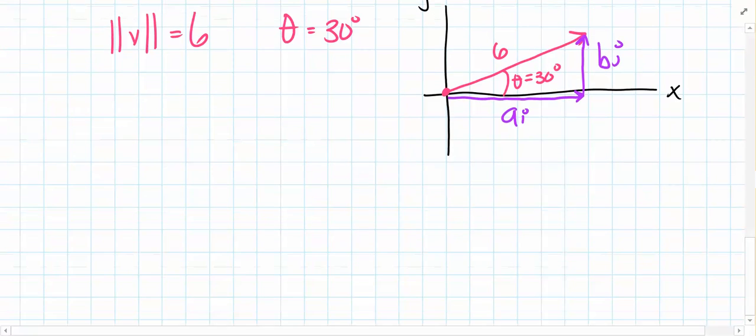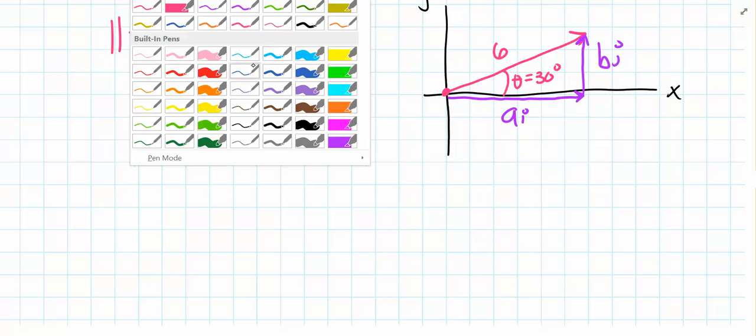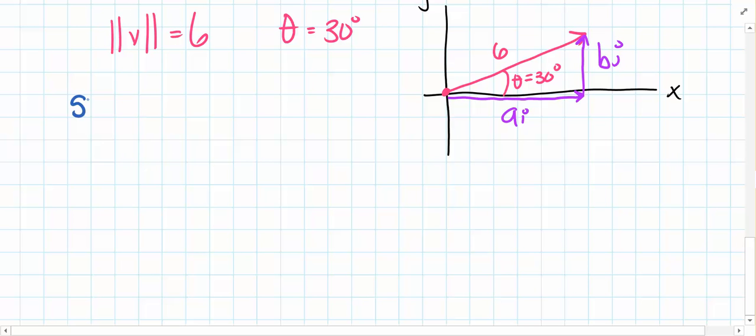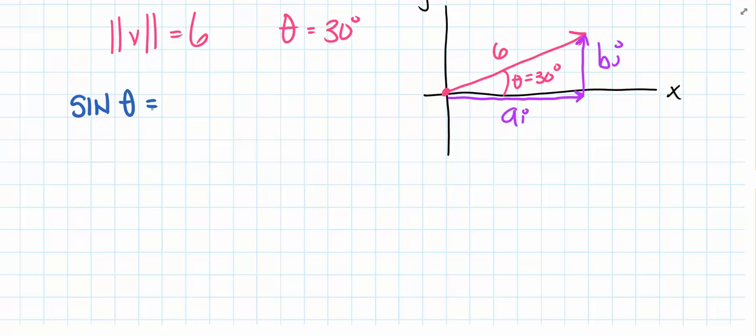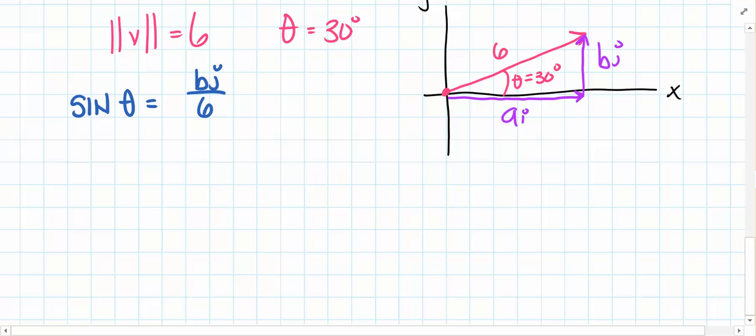Now, we know something about trigonometry. We definitely know how to relate what we have on the page. So I'm going to ask you to do 2 things then. I'm going to ask you to tell me what is the sine of theta in terms of what you see on the page. The definition for the sine of theta would be what? Very good. It would be the bj component part all divided by 6.